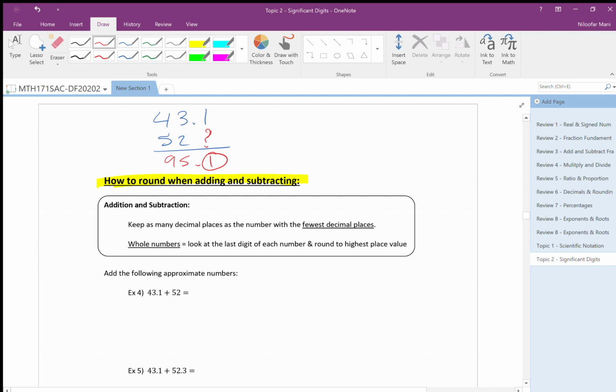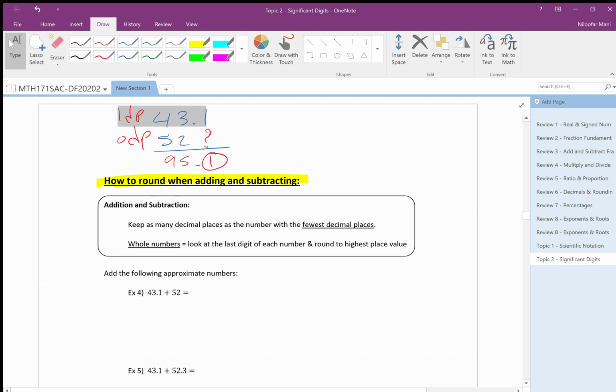Okay, so we round to the fewest decimal places. So I round to the least decimal place because I am sure about that. Here I have 0 decimal places, here I have 1 decimal place. I know I have 1 decimal place, but for the second one, for 1 decimal place, I'm not sure about that.